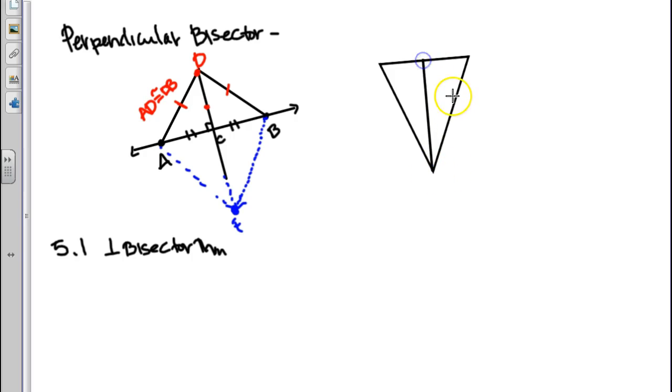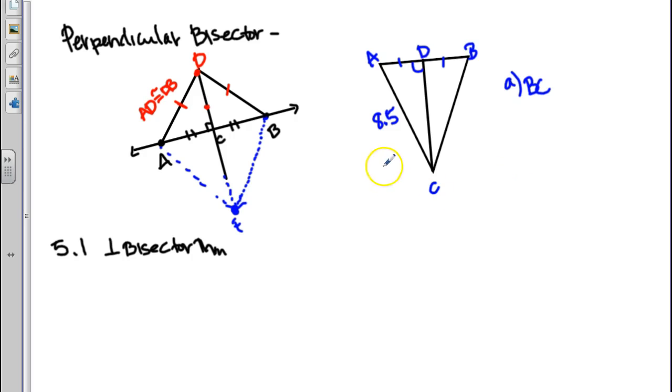This time it's coming from the vertex, and it does not have to come from the vertex. It's going to cut those sides in two equal pieces. This is A, this is D, this is B, and this is C. And this side is 8.5. Could you find the measure of BC?